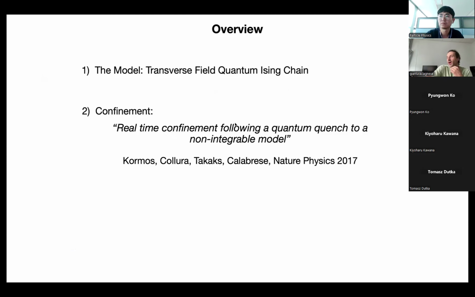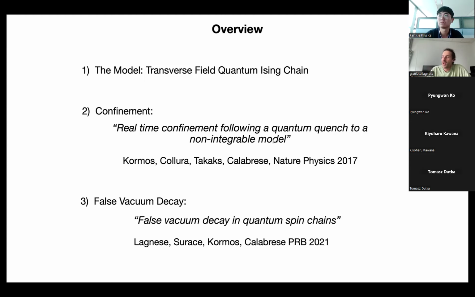Then there is one part mainly based on this work, which I would like to present because it encodes this idea of observing this phenomenon in a real-time setup, in a real-time evolution of the system, in a very non-equilibrium setup. And then we will focus on this work on false vacuum decay.